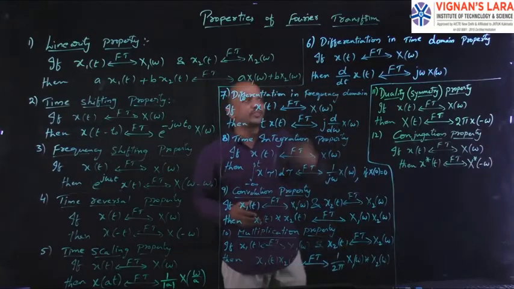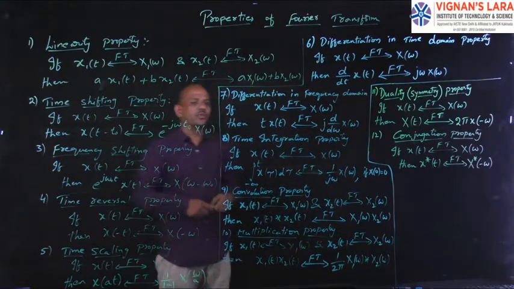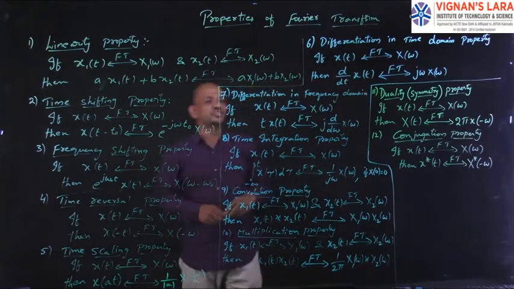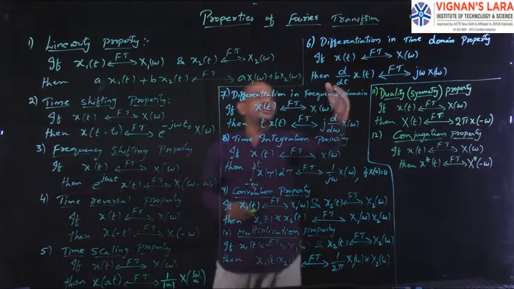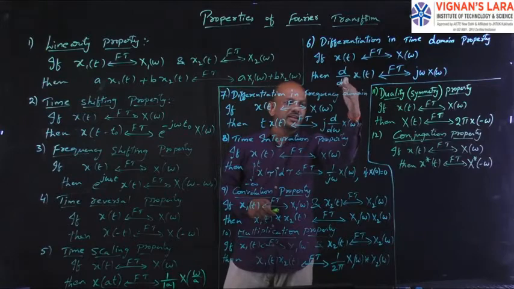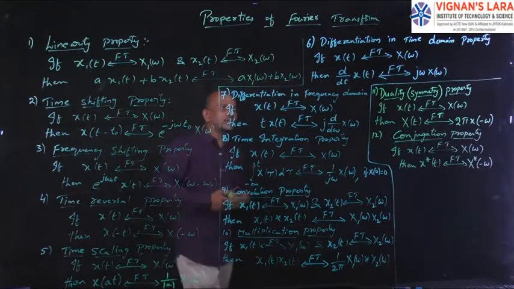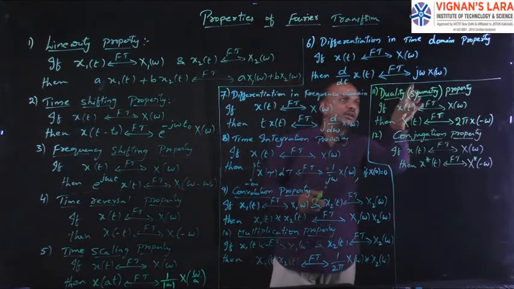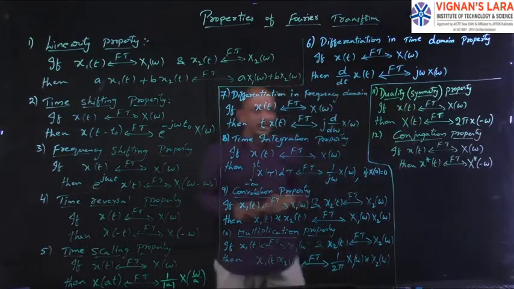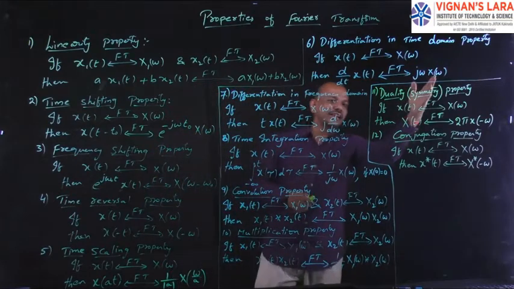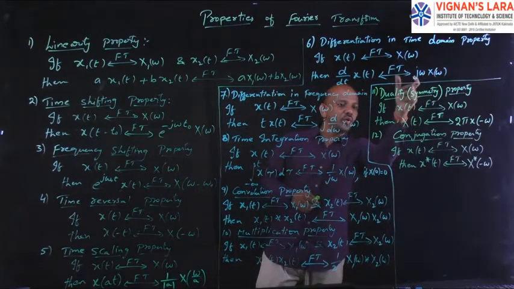So if x of t has a Fourier transform X of omega, then the differentiation in time domain property states that d by dt of x of t, that means we have to go for the differentiation of the given signal, will have a Fourier transform j omega into X of omega. Here the X of omega is multiplied with j omega.